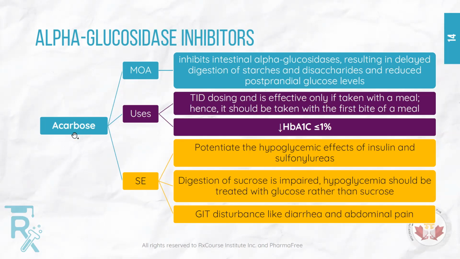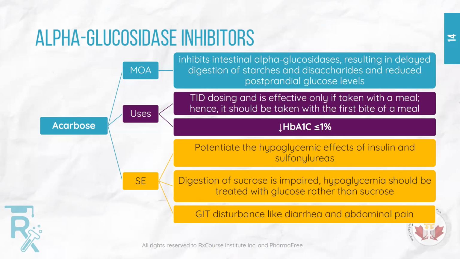Also, the impact of acarbose on HbA1c is less. If we remember sulfonylureas and metformin, they helped in decreasing HbA1c up to 1.5%, which is great. But for acarbose, it's 1% or even less. The problem with acarbose is that because it acts on specific enzymes in the small intestine, it's mostly associated with many GI side effects like diarrhea and abdominal pain.